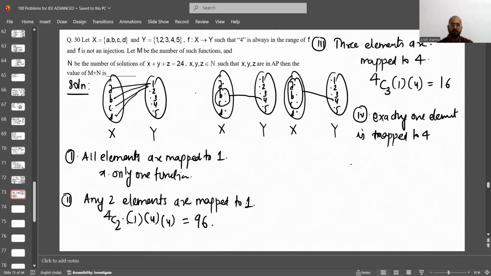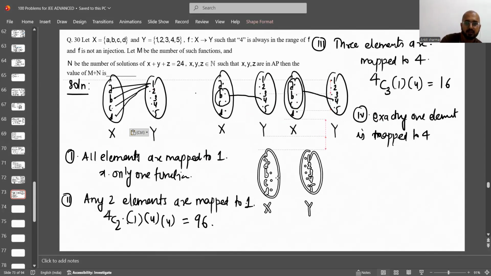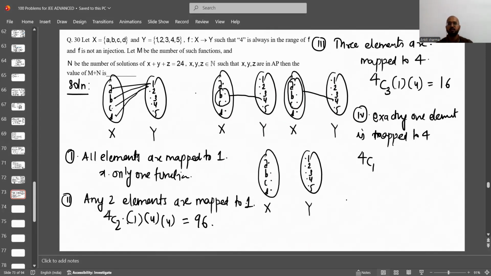So in this case, let's give a picture here, because this gives a clear idea. Out of these 4, first I'll select any one element. Suppose I selected C, and I'm mapping C to 4. Now I want my function to not be injective, so I'll select another 2 elements out of these 3.